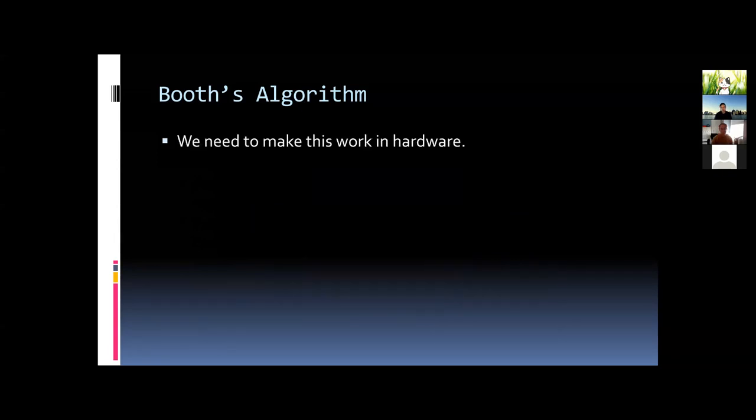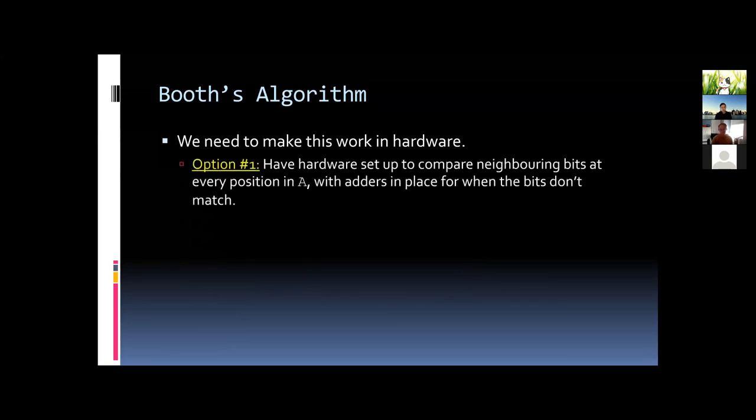And then the result. The challenge is how to make it efficient in hardware, right? There are a couple of challenges here. First of all, if you have hardware set up to compare neighboring bits at every single position, which is what we as humans would do because it's easy for us, we have a nice way to look at the whole digit, but that's not very good for hardware because this is a lot of hardware.